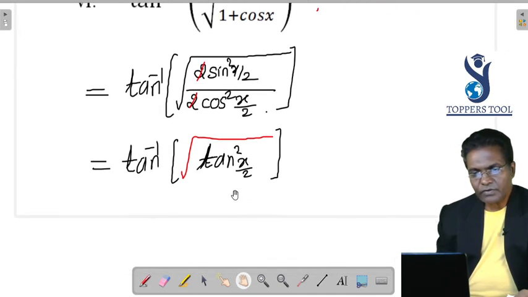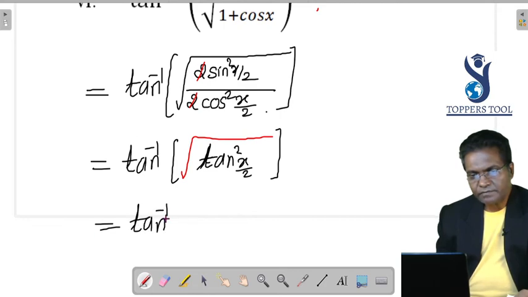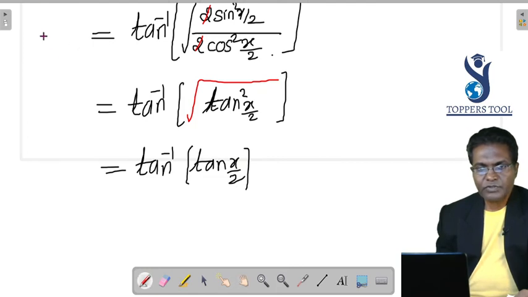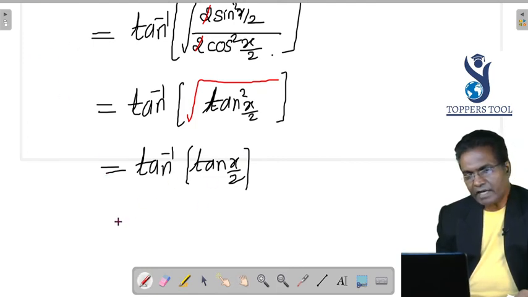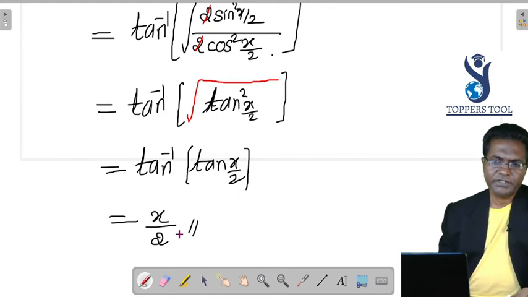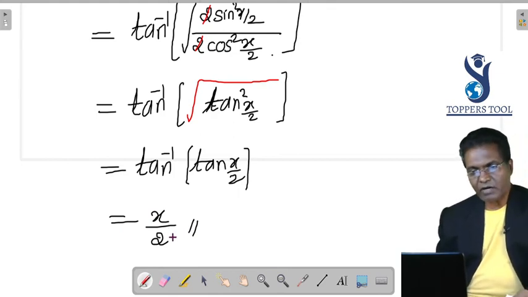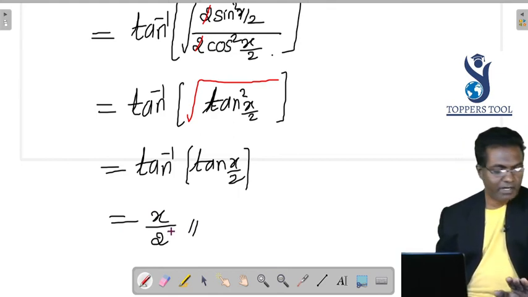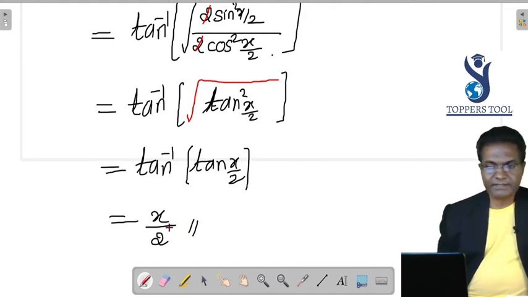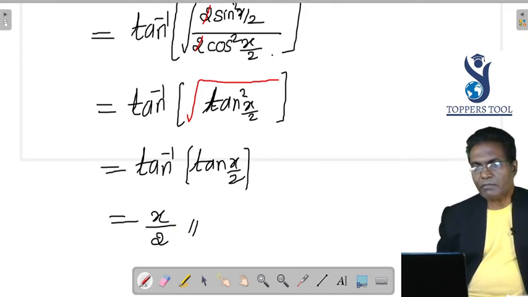Okay, so this is tan inverse of square root of tan square, means it is tan of x by 2, just square root cancels with square. So now tan inverse of tan x by 2, tan inverse tan vanish, you are left with x by 2. So this is its simplest form without substitution, just using trigonometric identities. Okay, so let's have one more.